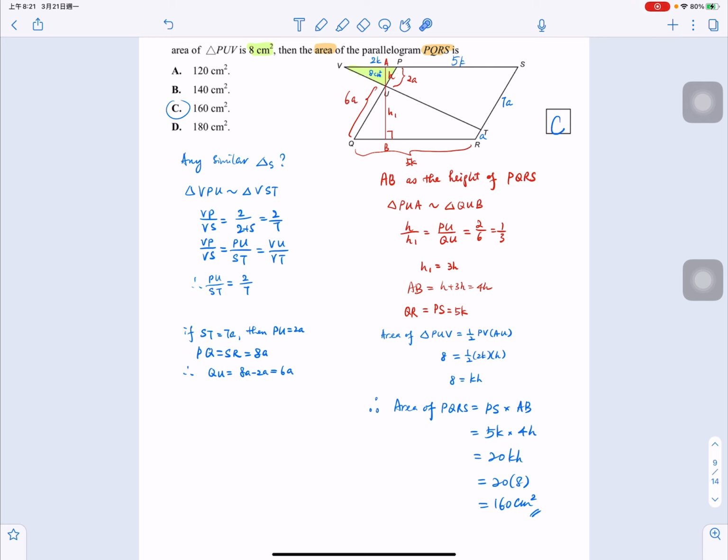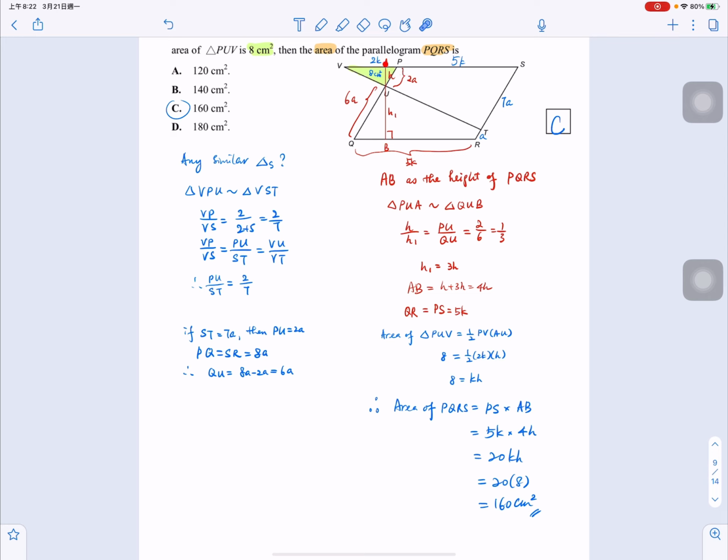See? This time we use the similar triangles VPU and VST to find out the length of PU. After that, because you know here is 1 to 7, so in total 8. So this one is 2A, this one will be 6A.